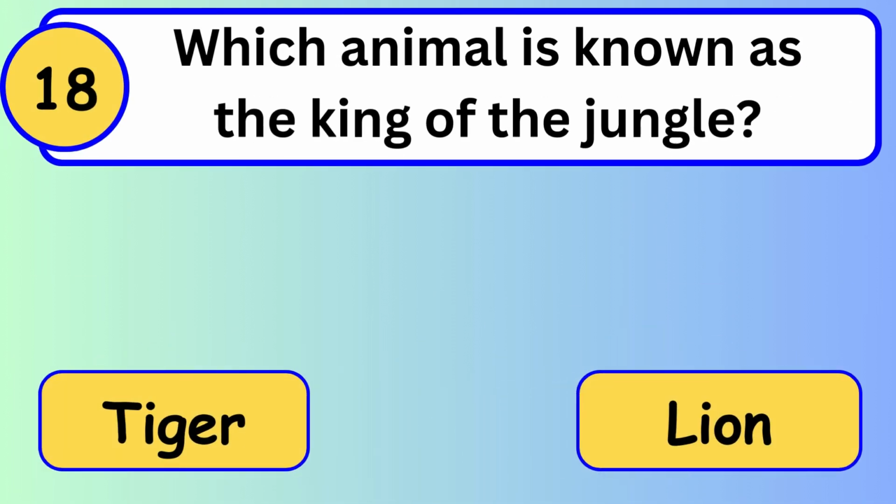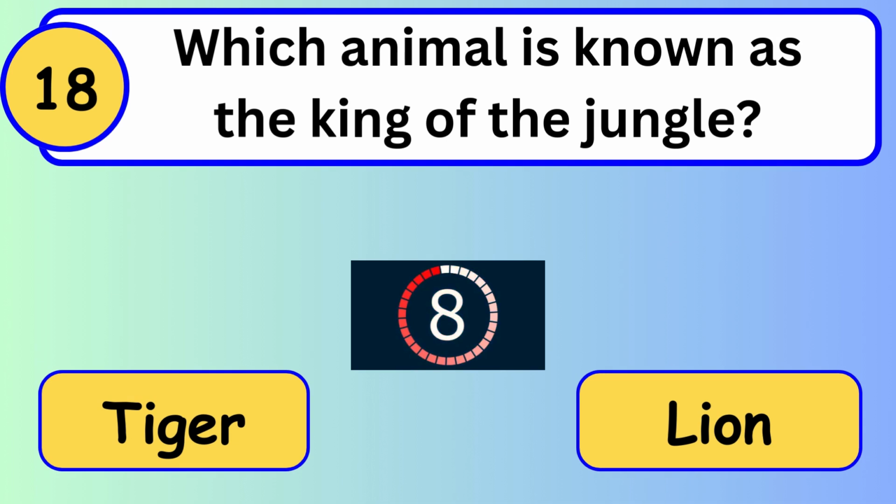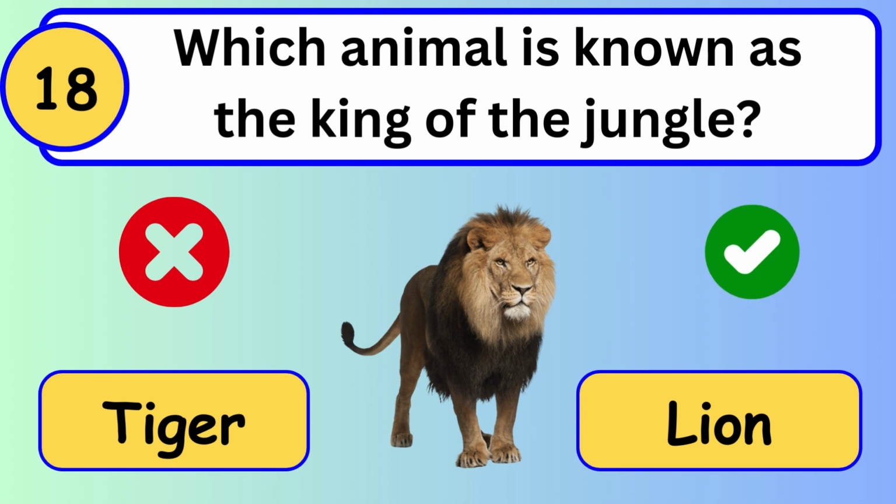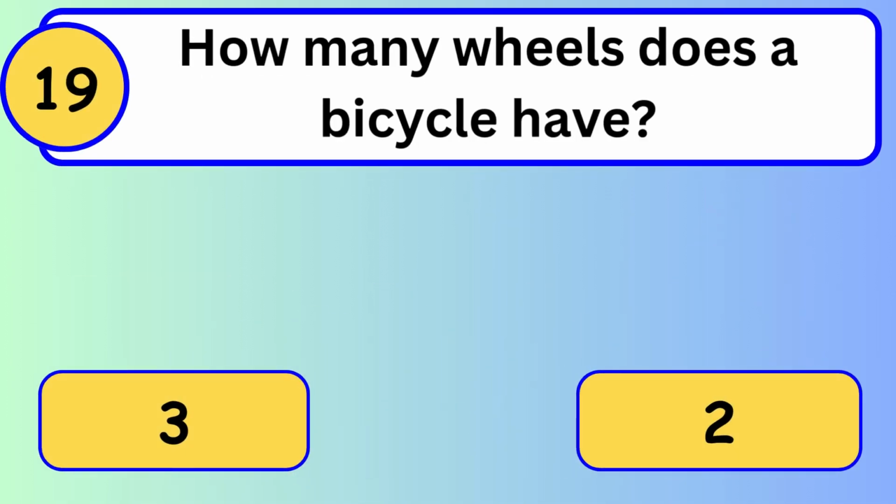Which animal is known as the king of the jungle? Lion. The lion is the king of the jungle. How many wheels does a bicycle have?